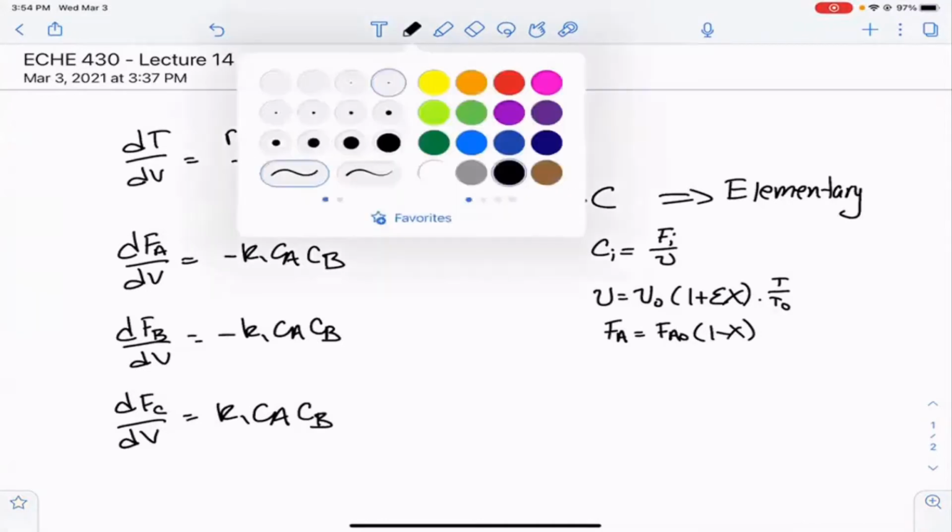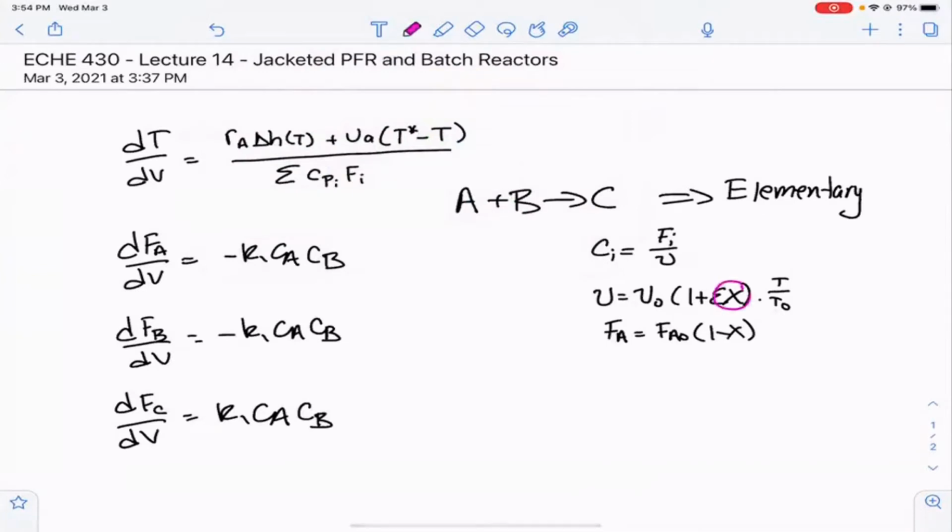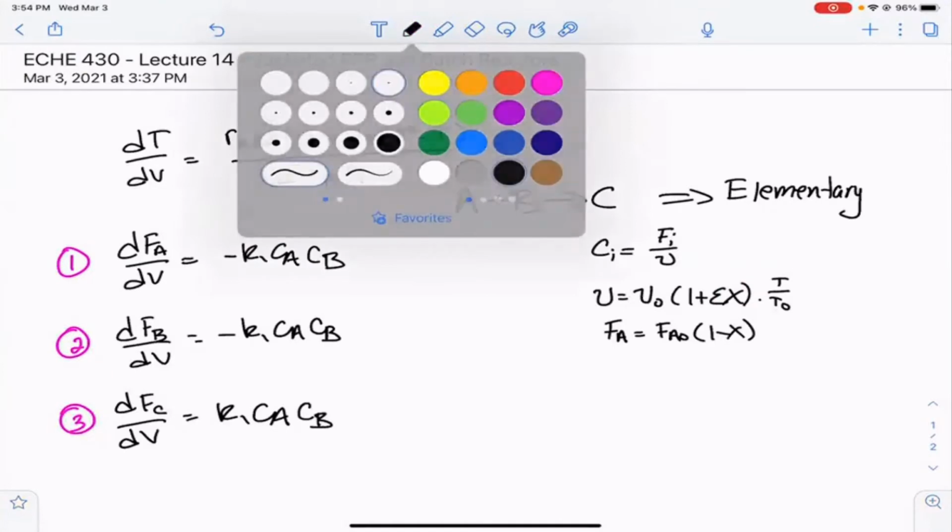And that'll be very, very helpful to us, because if we need the volumetric flow rate to calculate the concentrations, we can just implement that here. So I'm going to leave these mole balances alone, and we're going to implement them in Excel exactly like this.